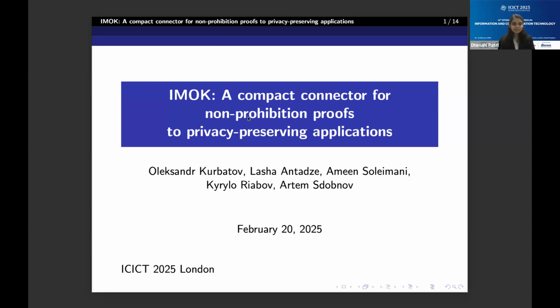I just want to present our paper, I Am OK: a compact connector for non-prohibition proofs to privacy-preserving applications.